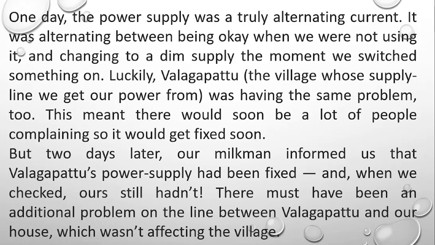This meant there would soon be a lot of people complaining, so it would get fixed soon. But two days later, our milkman informed us that this village's power supply had been fixed, and when we checked, ours still hadn't. There must have been an additional problem on the line between this village and our house.